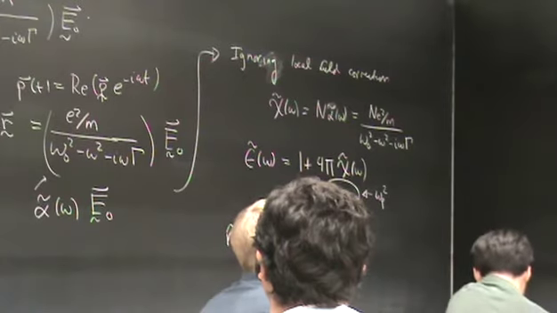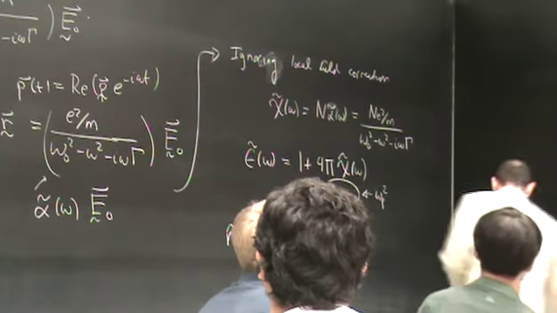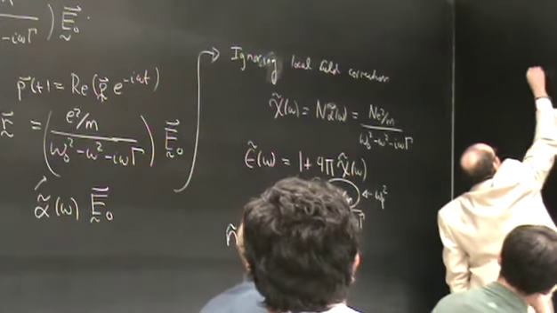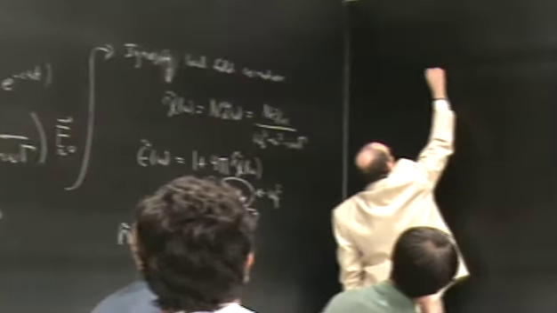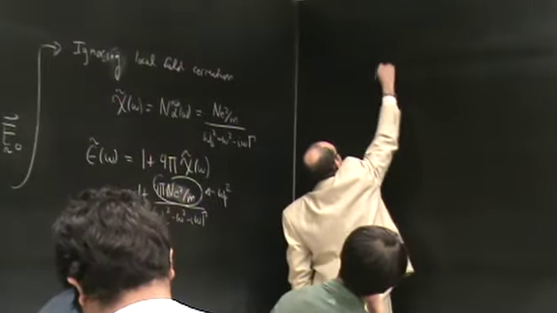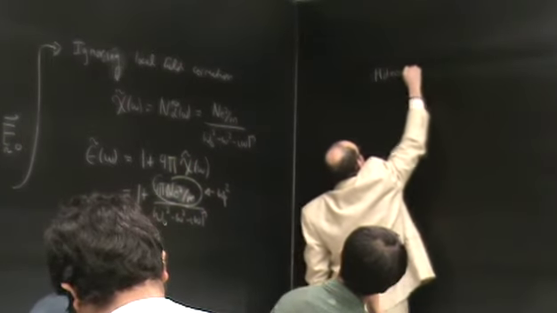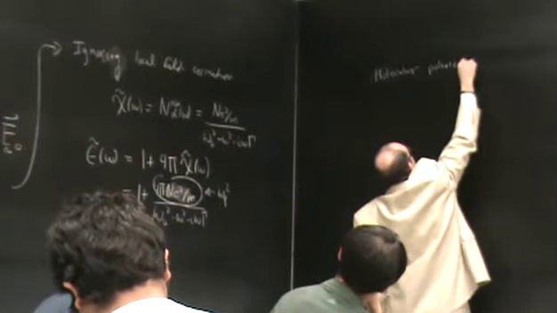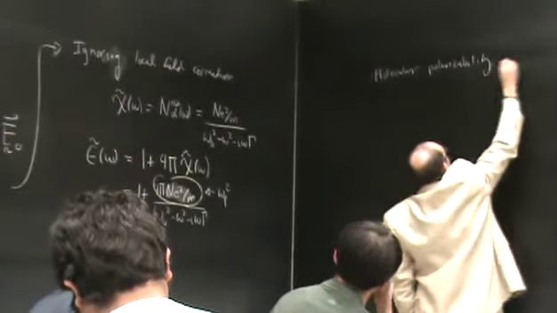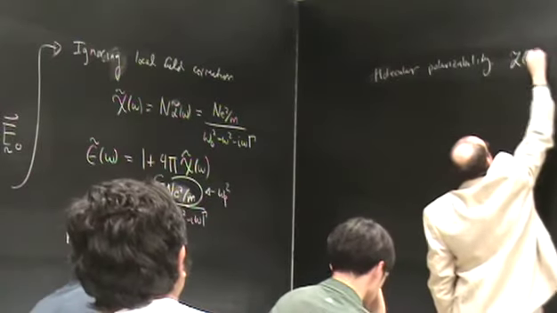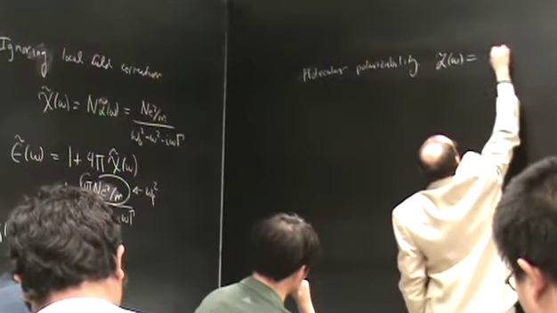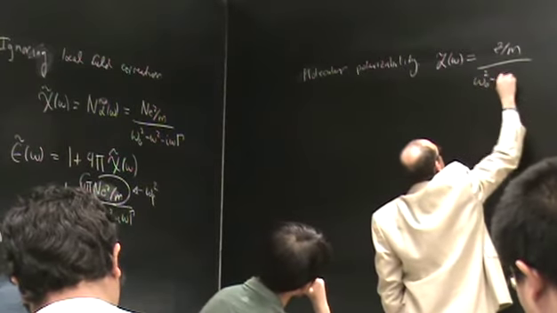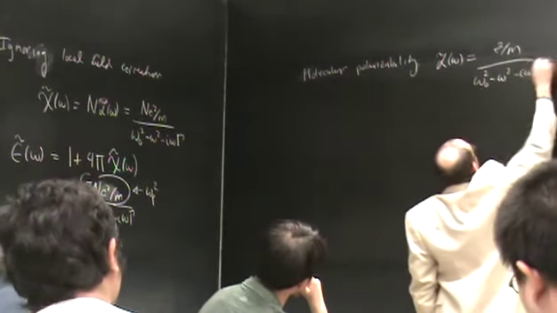My molecular polarizability alpha, we said, is e squared over m, over omega 0 squared minus omega squared minus i omega gamma.